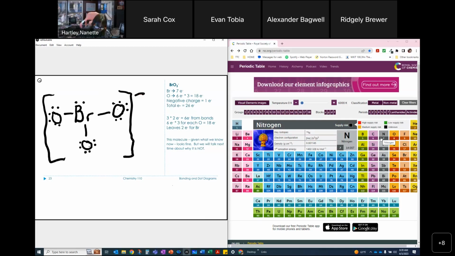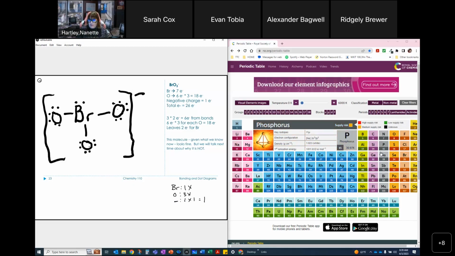I have a bromine and I have some oxygens. I know there's 1 bromine. I know there are 3 oxygens. And then I have a negative charge. So I know I'm going to have to include that right there. So that's 1 that comes from that charge that exists. So there's an additional electron because of that charge.